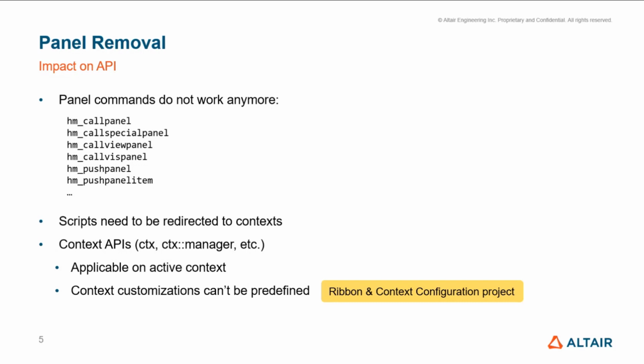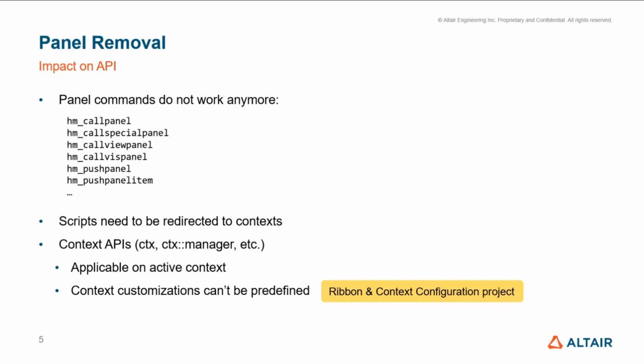In other words, if your script was working with panels, directing the user to a specific panel, now you need to direct them to a context. This can be done through context APIs. By their nature, they work mostly on the active context, so they're not suitable for pre-configuring your contexts, using maybe the traditional approach of the HM custom.tcl file, which gets executed upon launching the application.